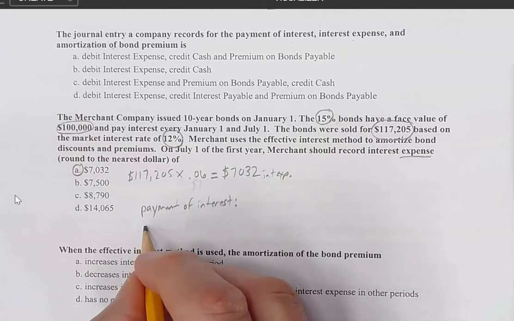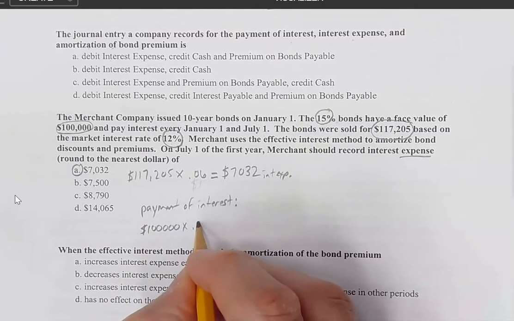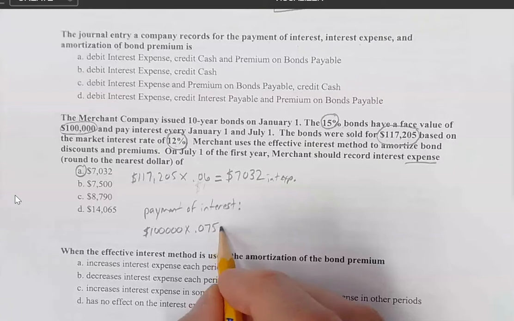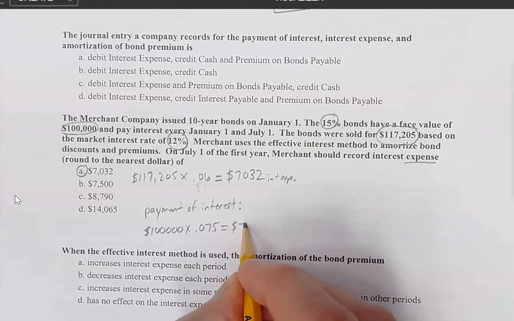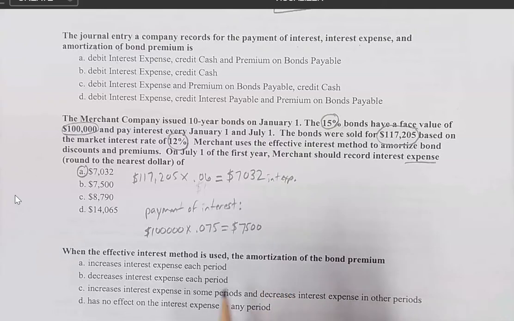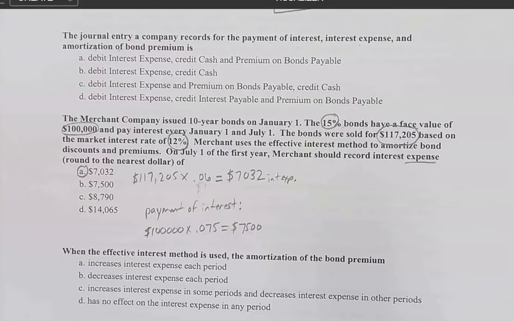We're going to take 100,000 and multiply that by 0.075, half of the 15%, and that's going to give us $7,500. If you don't believe me, 100,000 times 0.075, 7,500. There it is. So I didn't lie to you.